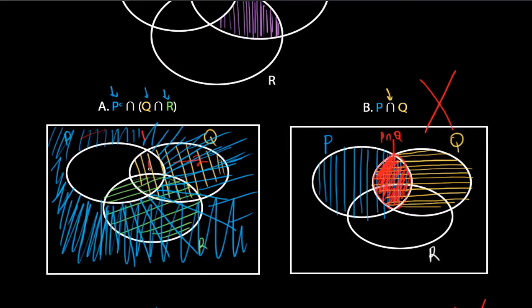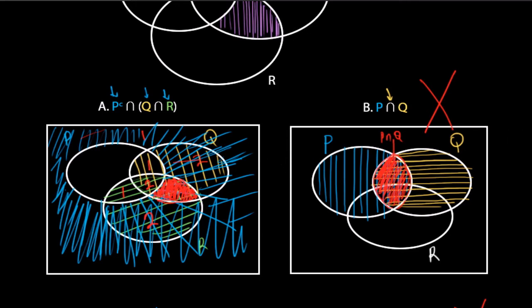This region here has one color. This one has two colors. The region here has two colors. But the region here has the yellow, the blue, and the green stripe. So this region here has three colors. So you can see that. So this is the region that we have as our solution.